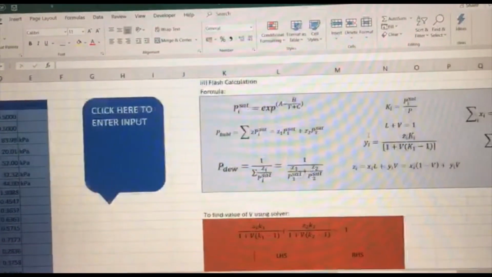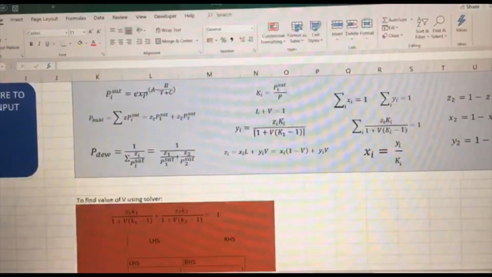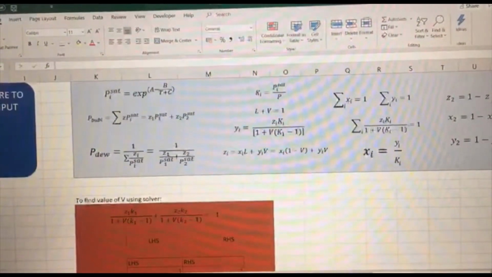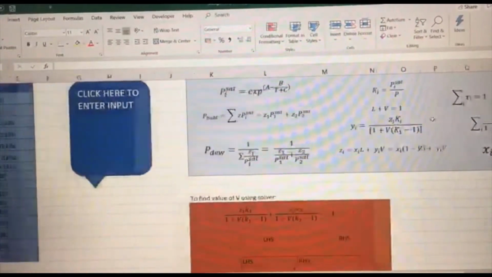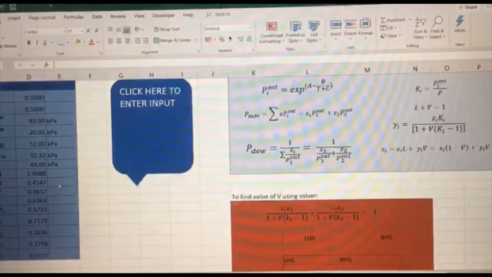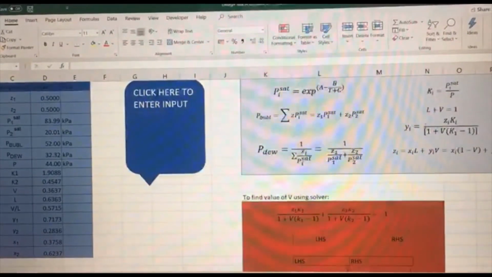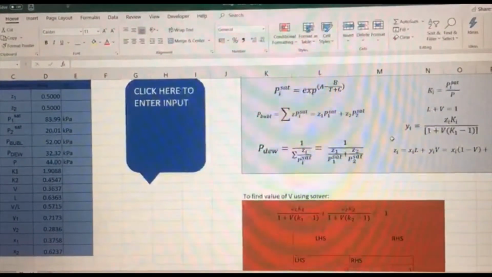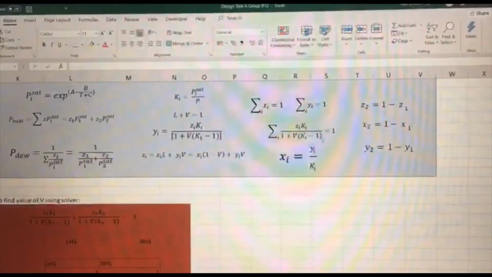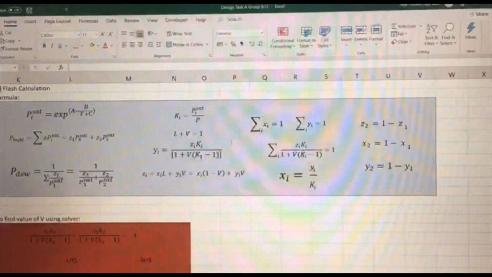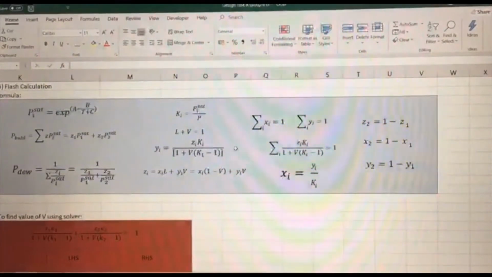After that, we calculate V using the formula: summation of Zi Ki over (1 plus V (Ki minus 1)) equal to 1. After that, we get V. Here we can see that V is 0.3637. L we get from L equal to 1 minus V. For Y, the formula is Yi equal to Zi Ki over (1 plus V (Ki minus 1)).